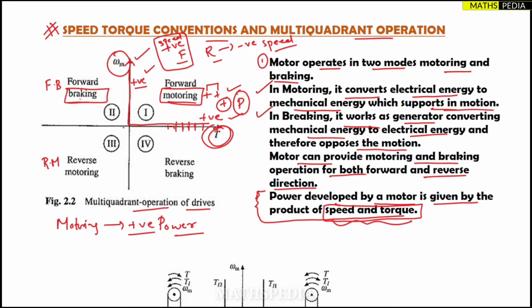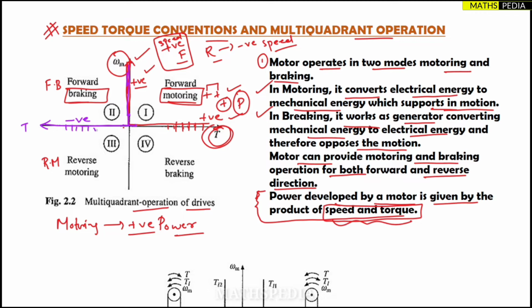Now let us go to the second quadrant. In the second quadrant we have braking. How did we get braking? See, again this axis is there, this part is there. This is the second quadrant part. In this part, the torque is negative, right?